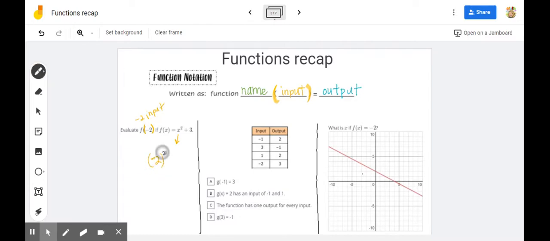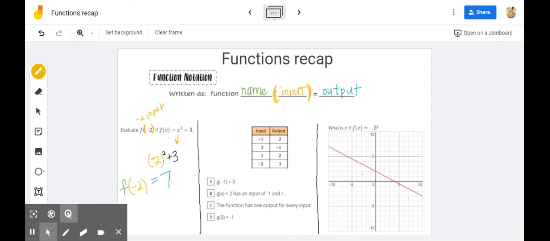And literally type that out. And we actually get an answer here. Now you can type that into Desmos if you want to get the answer, or you can just do some math in your head. -2 times -2 is 4, and 4 plus 3 is 7, which means my output of f of -2 is 7. That is my output.